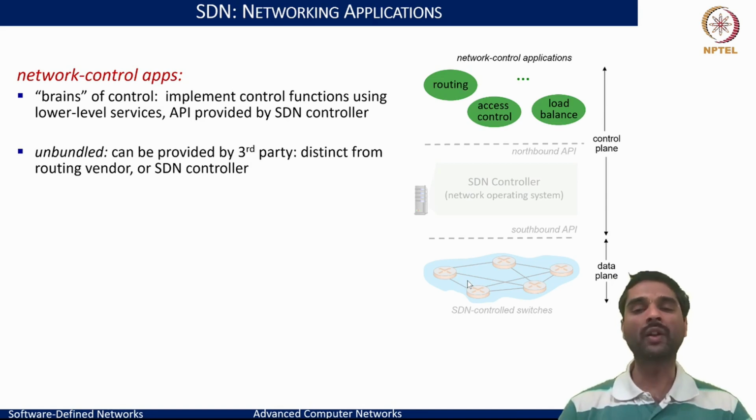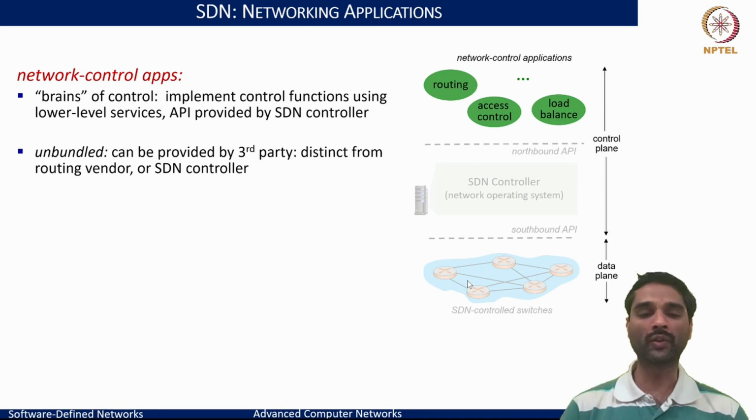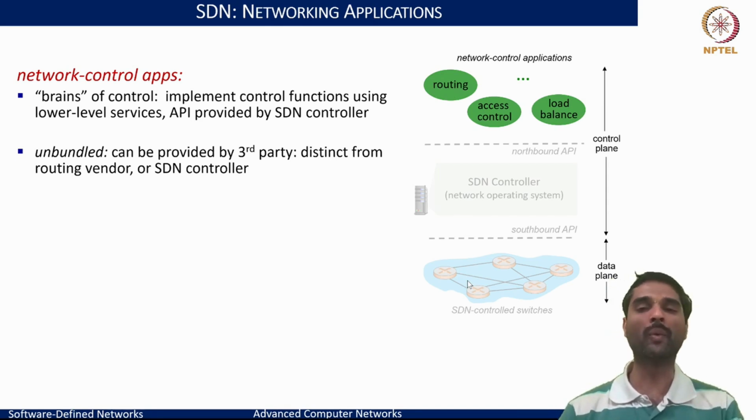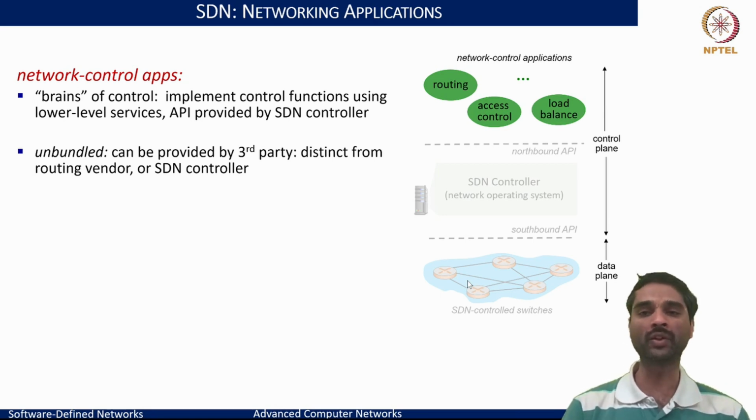And it is natural now to think of the vendors of SDN controllers providing default network control applications, just as you see Windows or Linux come with default apps. But then it should not confine Windows to just the Windows applications. Any third party should be able to develop applications for Windows, right? Likewise, for our mobile phones, Android has an OS, and you have the application space where any third party would develop the applications.